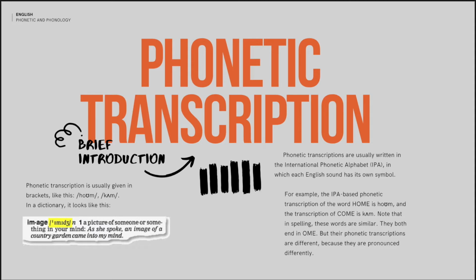For example, the International Phonetic Alphabet based phonetic transcription of the word home and the word come. Note that in spelling, these words are similar. They both end in om, but their phonetic transcription are different because they are pronounced differently.